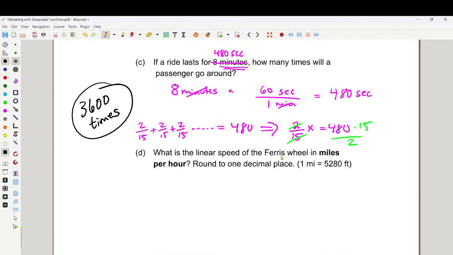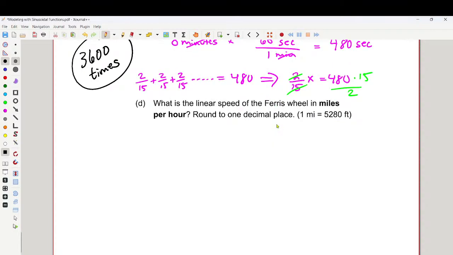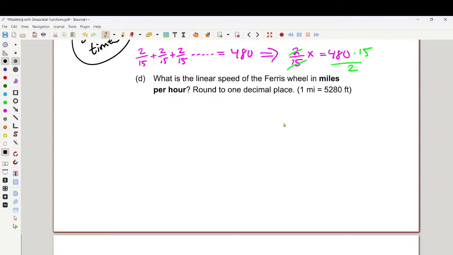Even then, the thing's going around in 2/15ths of a second. So it's not even 1 second you're going around this thing. I don't even know if I want to answer this last question, but we will. This thing is so fast, faster than the speed of light.